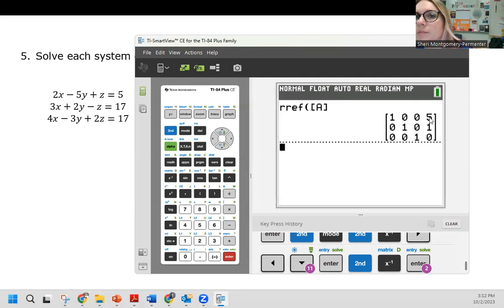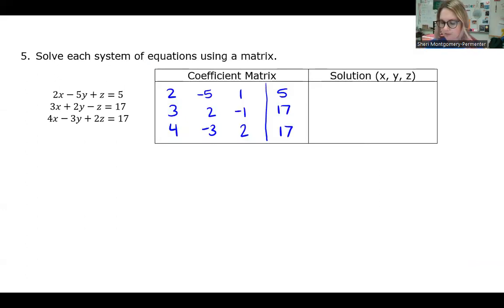So our answer is going to be 5, 1, 0. What does Z equal? Very good. Z equals 0. What does X equal? 5. Very nice.